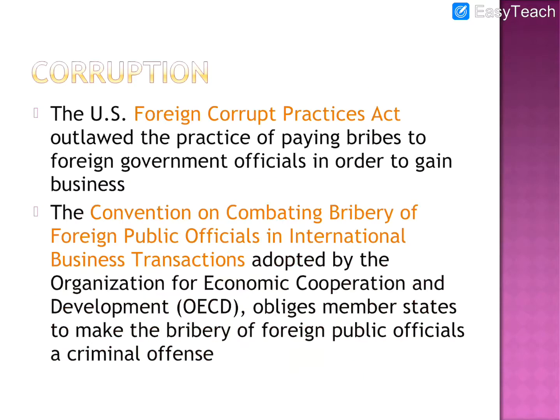Okay, next we go to corruption. The US Foreign Corrupt Practices Act outlawed the practice of paying bribes to foreign government officials in order to gain business.